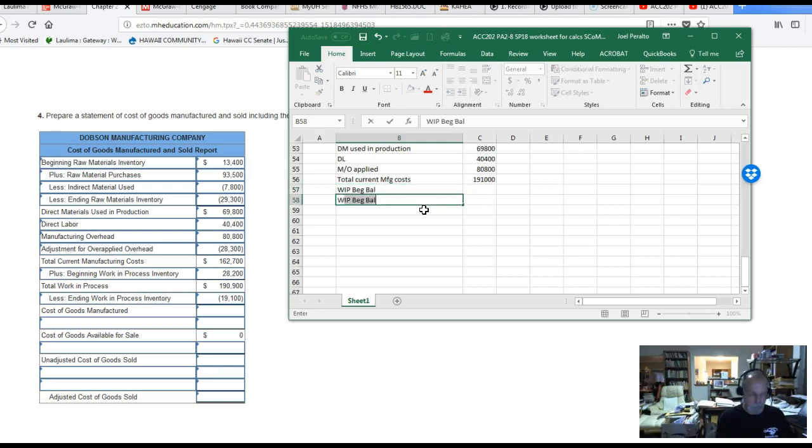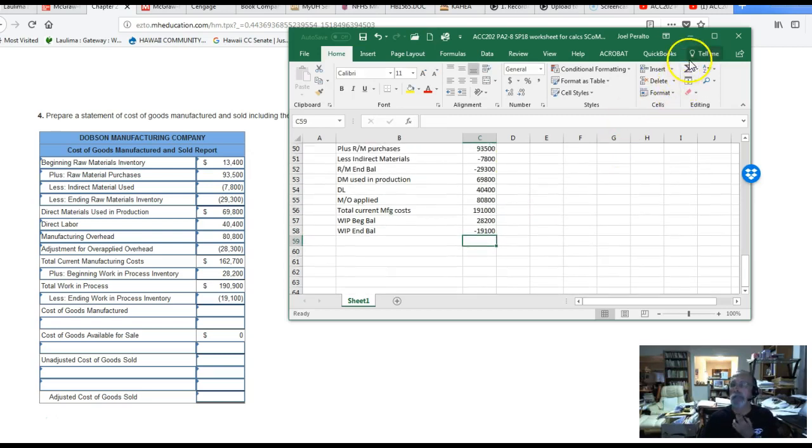WIP beginning and WIP ending balances. So the beginning balance is always a plus 28.2, and the ending balance is always a minus. And let's see what that total is.